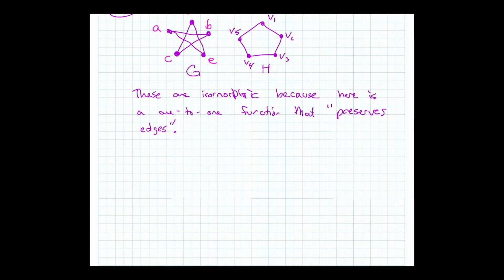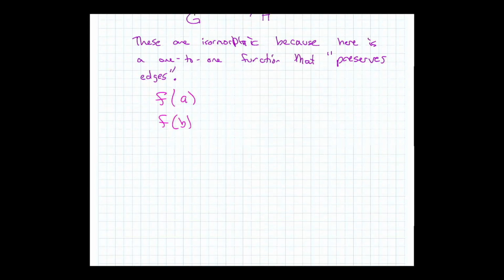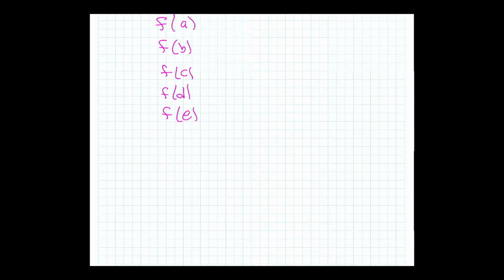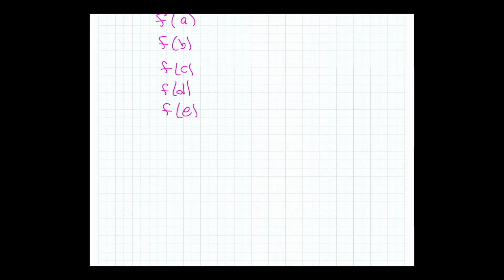So here's the idea. You just say, okay, f of a, f of b, f of c, f of d, f of e, right? So your function takes in all your vertices. These are all vertices of one of your graphs.